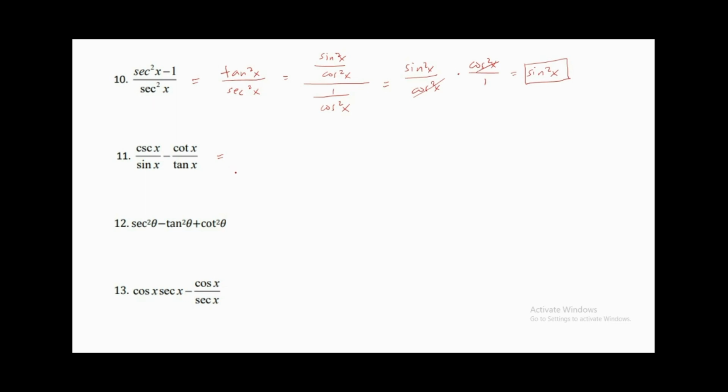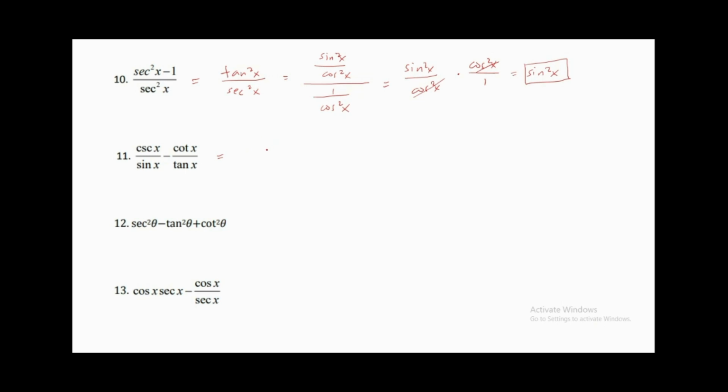Number 11, cosecant x over sine x minus cotangent x over tan x. So remember that cosecant x is 1 over sine, cotangent is cosine over sine. So we have here cosecant is 1 over sine x, over sine x, the denominator, minus cotangent is cosine x over sine x.